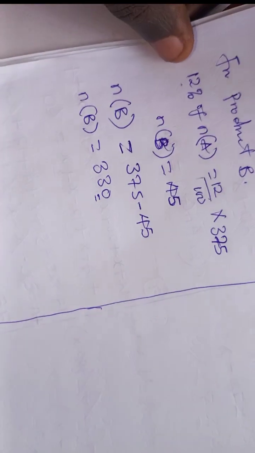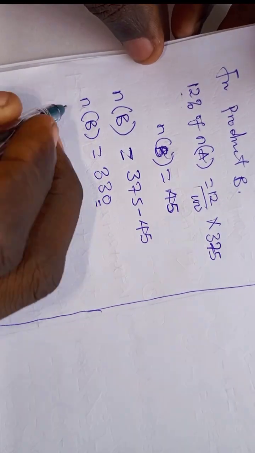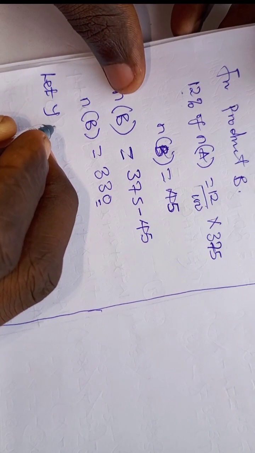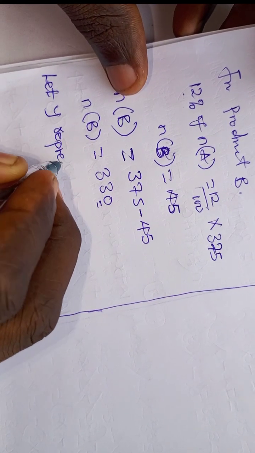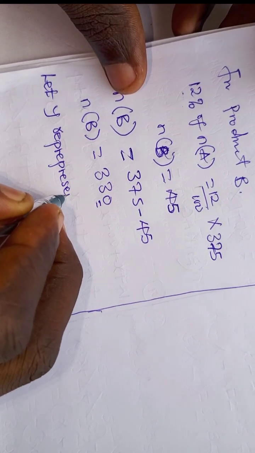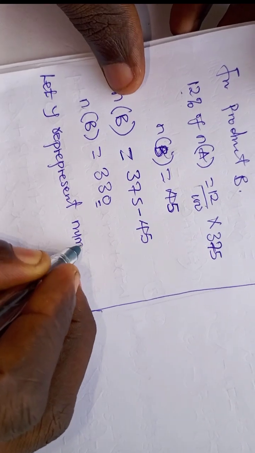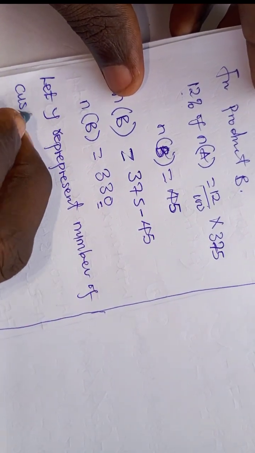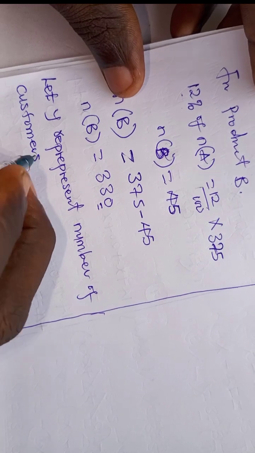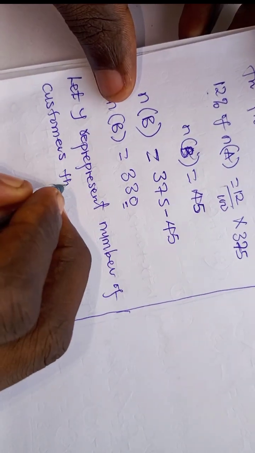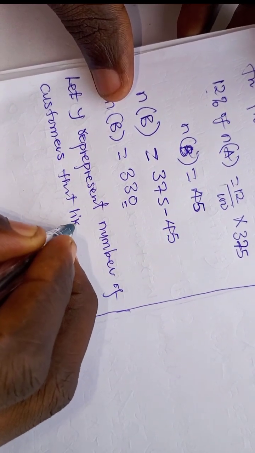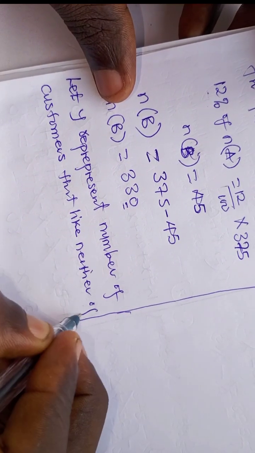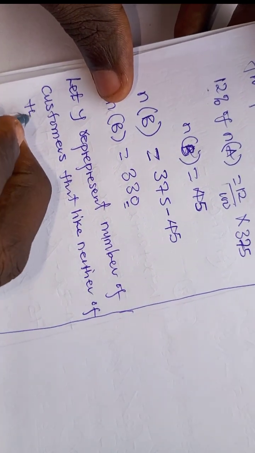So we can put down a statement to further explain it by saying: let Y represent the number of customers that like neither of the products.